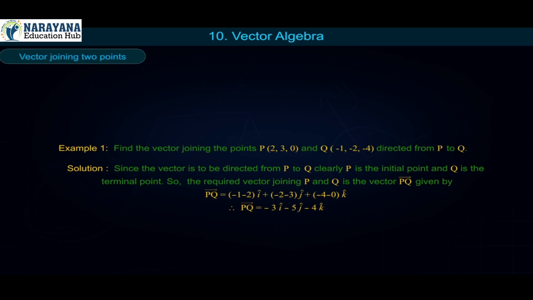So the required vector joining P and Q is the vector PQ given by (−1 − 2) î + (−2 − 3) ĵ + (−4 − 0) k̂. Therefore, vector PQ is equal to −3î − 5ĵ − 4k̂.